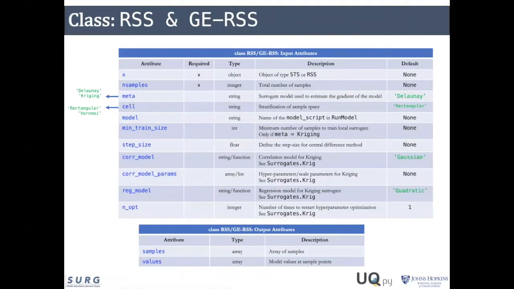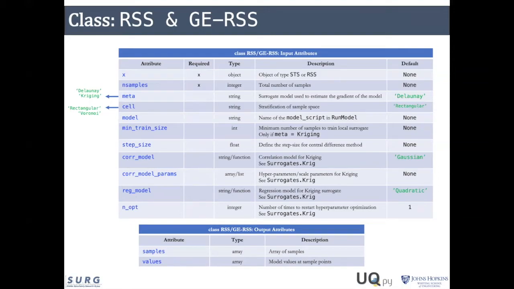So here are the input attributes for the RSS class. X is basically a class object which should be coming from the STS class or RSS class. Basically, it has the initial input design on which the RSS class is going to build and generate new samples. Samples should be an integer, the final number of samples which we need.